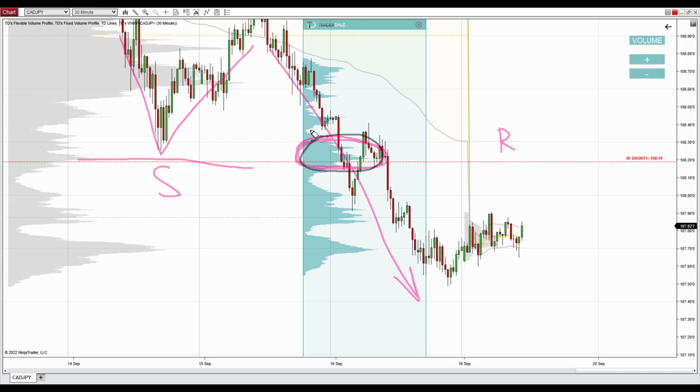So this is an important zone because they placed a lot of their shorts there, and also because they pushed through a strong support. So when there's a pullback to this area, heavy volume zone beginning at 108.19, then I think there'll be a reaction of the sellers from here.